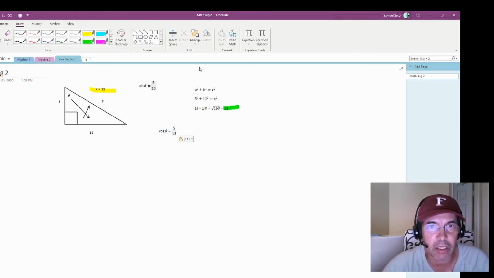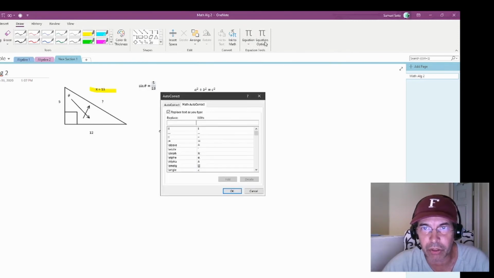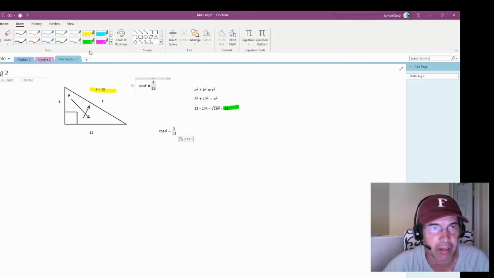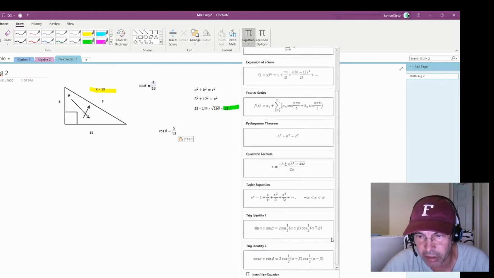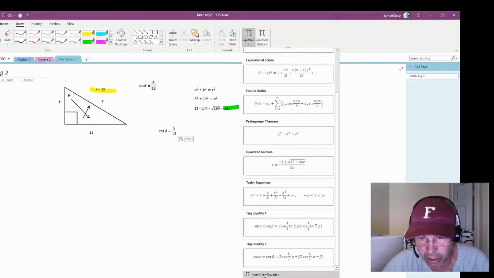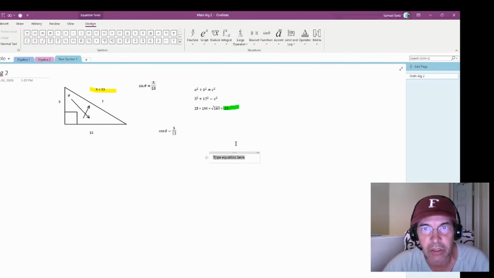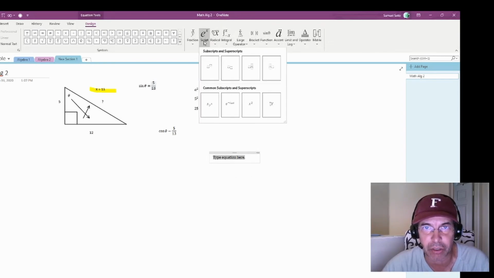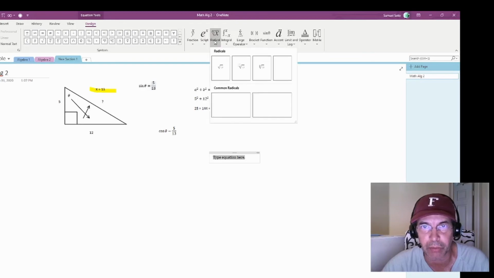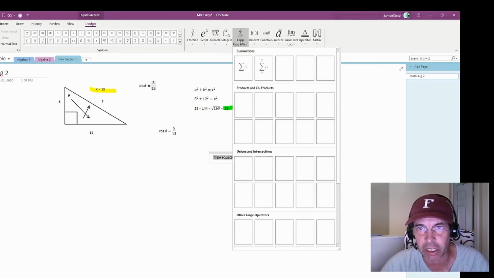So it's got some nice features here. You can insert equations. You can insert symbols, math symbols. Let's say you go over here and you don't find something you want, and you want to insert a new equation. Now it gives you other options. You can put in a fraction, subscripts, superscripts, radicals, calculus, statistics.